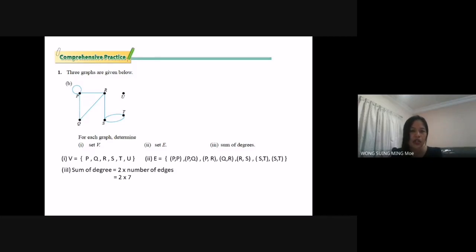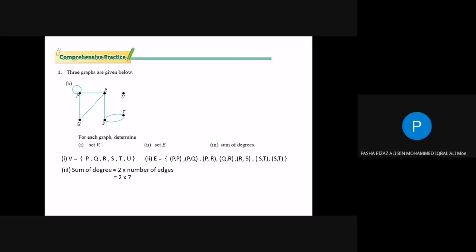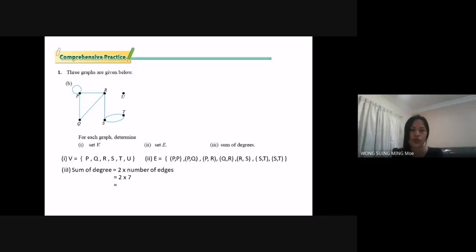So Asha, do you understand or not? Not really. Okay, you see, the sum of degree is 2 times the number of edges. Just now from the second part, set E, how many edges do we have? PP, PQ, PQ, PR, QR, RS, ST. We count: 1, 2, 3, 4, 5, 6, 7.